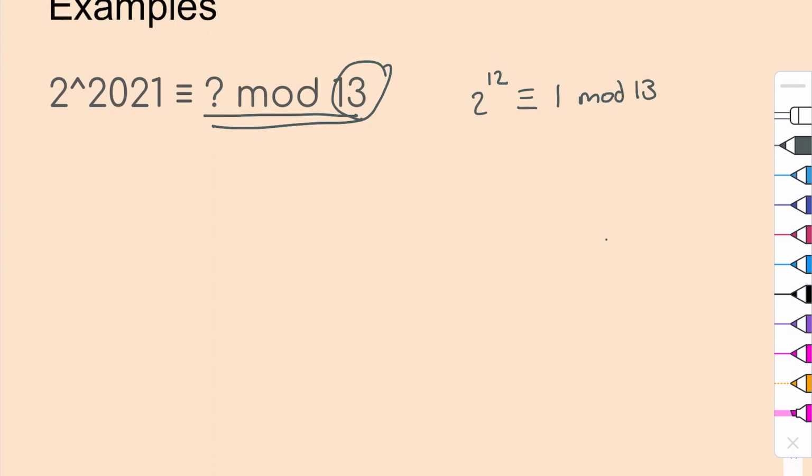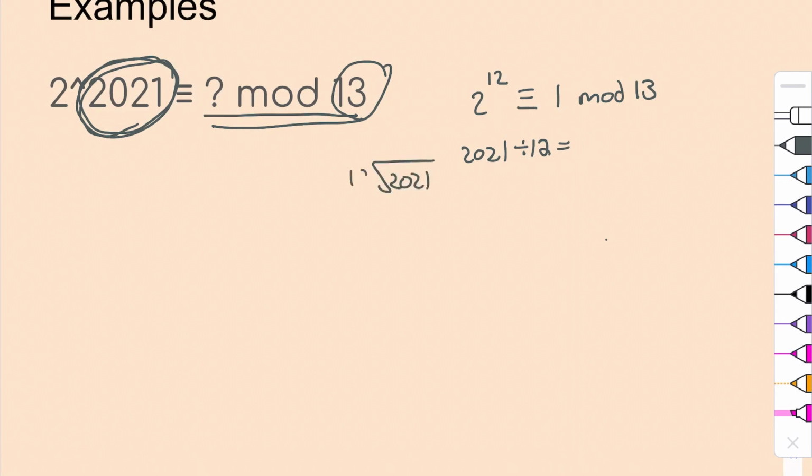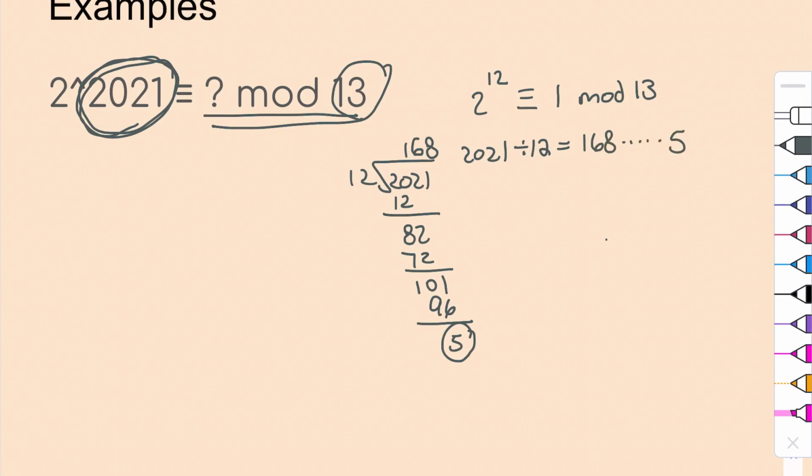So use our steps, which is to divide this exponent by 12. 2021 divided by 12 is 168 with a remainder of 5.